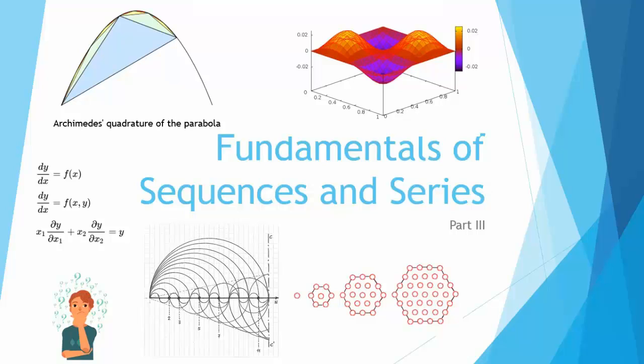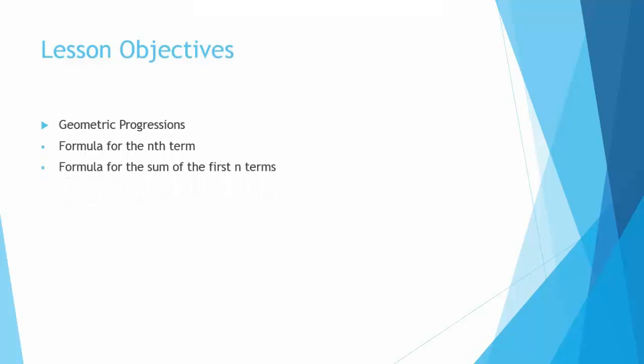In our previous tutorial, we learned about arithmetic progressions, where we found the formula for the nth term and also the formula for the sum of the first n terms. In this tutorial, we are going to learn about geometric progressions. We are going to find the formula for the nth term and the formula for the sum of the first n terms of a geometric progression.